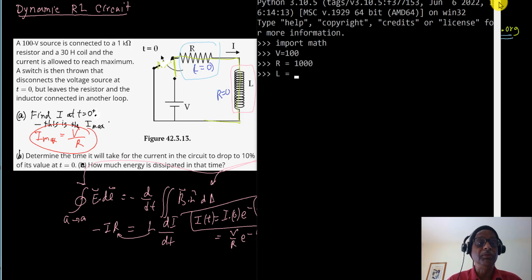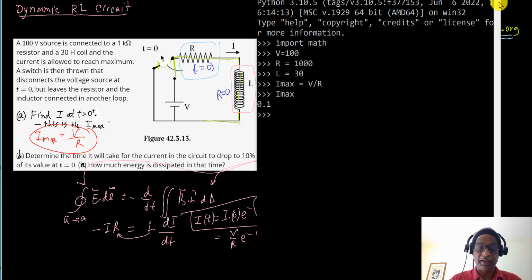L equals to, this is really humongous, this is 30 Henry. So okay, now we got all of this out of the way. So this Imax equals V over R. So let me just get the value of Imax. That's 0.1 amp.